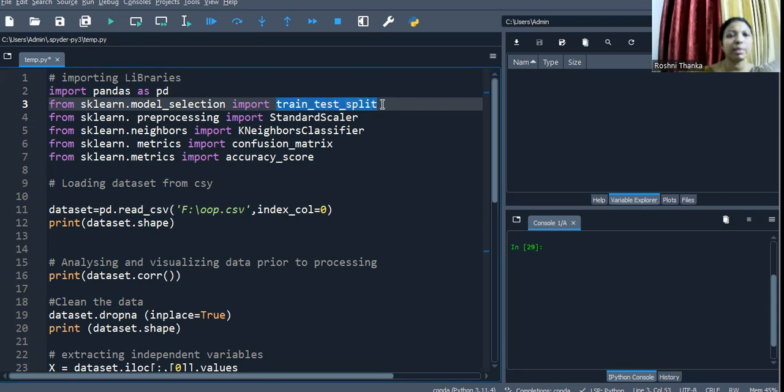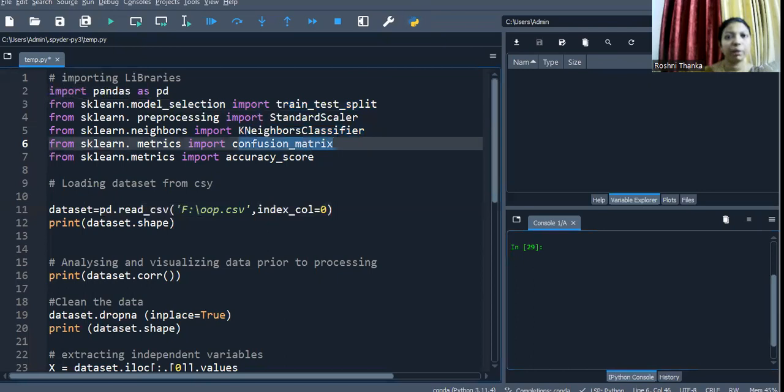What is the meaning of it? The entire available data, I am going to divide into training data and testing data. And then I have StandardScaler so that I can bring all the data to a standard format or a uniform range. Next, I am going to take the predefined KNN algorithm from sklearn, and then to evaluate this model, we are going to use the confusion matrix and the accuracy score.